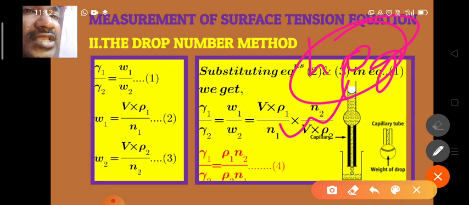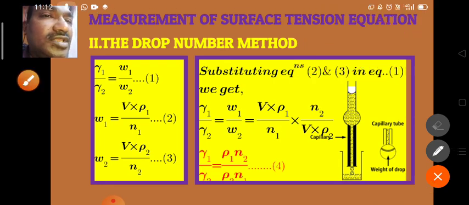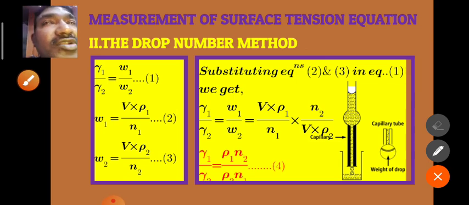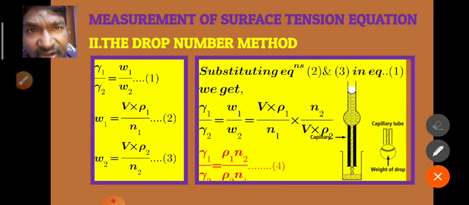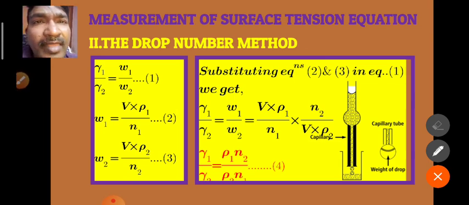That principle is employed here. So we take two liquids and compare their surface tension. One of these two liquids may be known to us, so we should know the surface tension of one liquid, then we can easily know the surface tension of the other liquid.